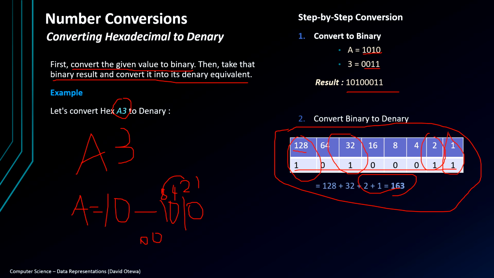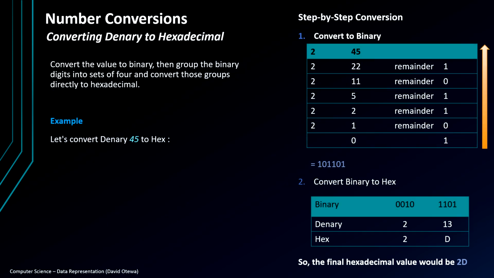I hope that is very clear. On the next one, actually this is the last one, we want to convert from binary to hexadecimal. So our first step is convert the value to binary.